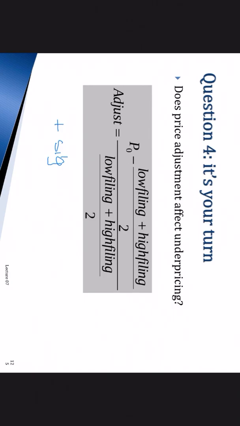Otherwise, nobody will tell you the truth. Am I stupid? I tell you the company is worth $20 and I end up paying a higher price for the company. This is true only when I am compensated for my information. You have to pay for the information. So now you can see how this works.